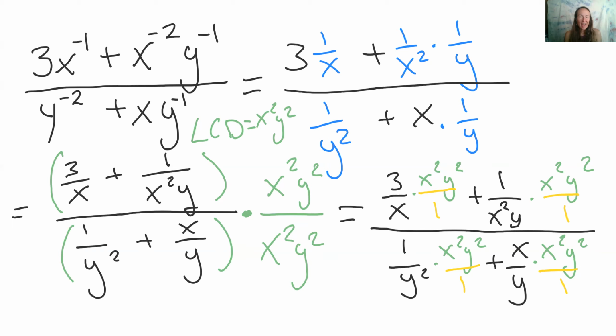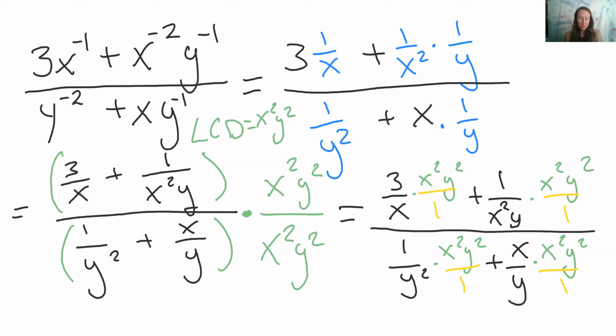So now that we've done that, we can cancel out all of the denominators in our interior fractions, right? We know that all the denominators of our interior fractions will cancel out because the thing we multiplied by was the LCD of all those fractions. If for some reason your denominators don't cancel out here, reconsider what you used as your LCD.